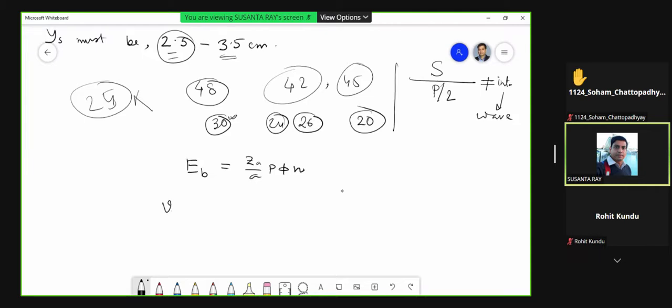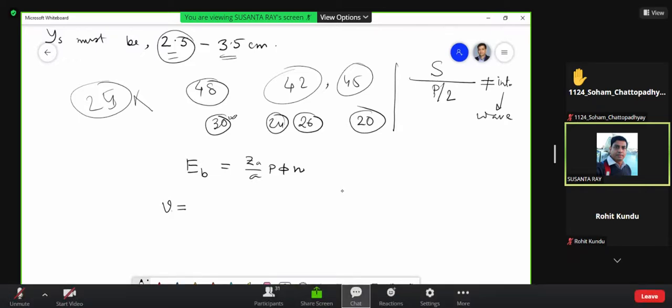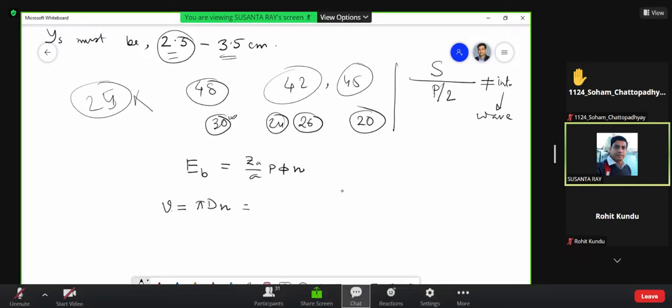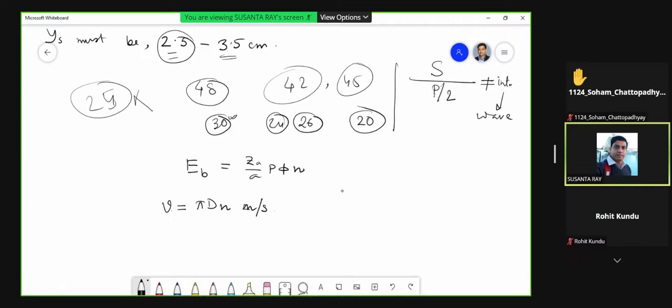What is the peripheral speed v? Can you calculate that? Sir, ND by 2. It's πDn simply. πD into n meter per second. That is the peripheral speed.